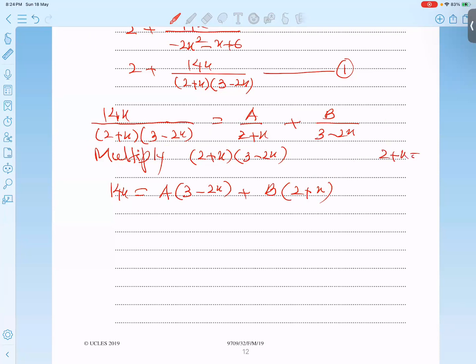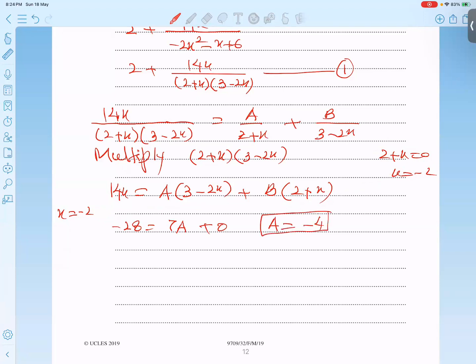One by one I plug in 0. I got x is equal to negative 2. When x is equal to negative 2, the whole equation gives negative 28. When I plug in here, I got A times 4. I got 7A. And when I plug in negative 2 here, this I have taken already as 0, so this becomes completely 0. A becomes negative 4.